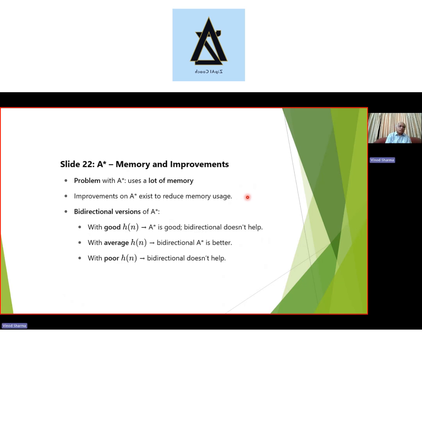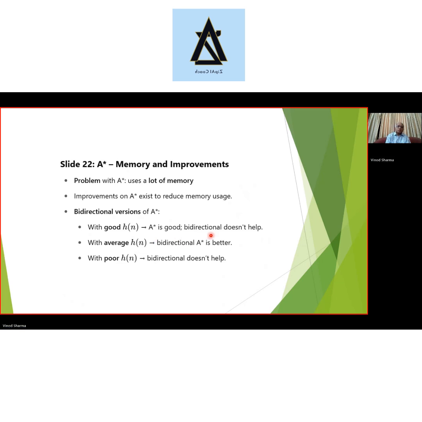As we have discussed earlier, one can talk about bidirectional search for A star as well, starting the search from the root node as well as from the destination node. So these are the following results for the bidirectional case for A star. If we have a good estimate Hn for each n, then A star itself is good.